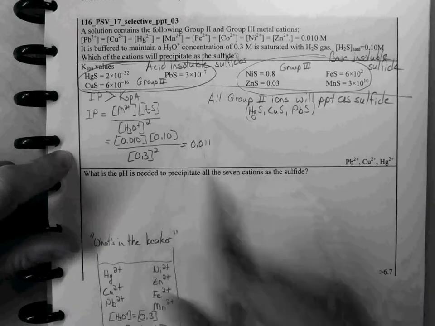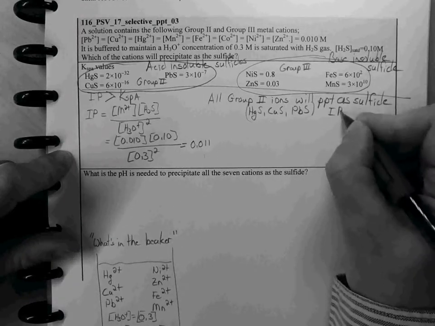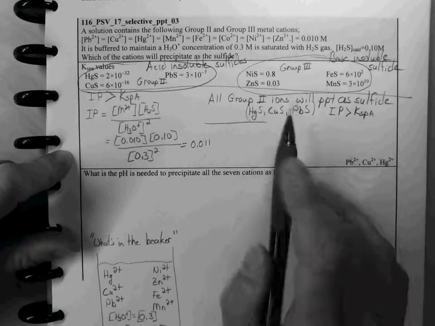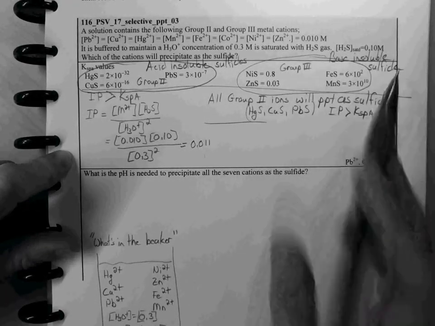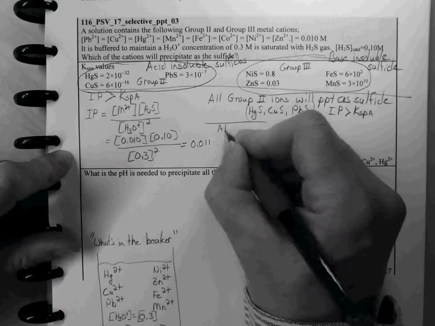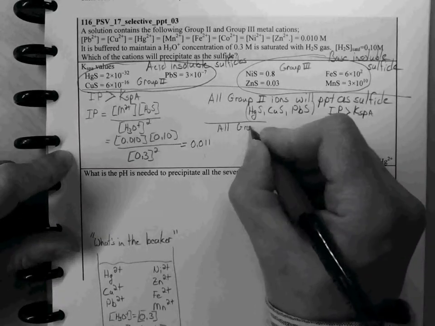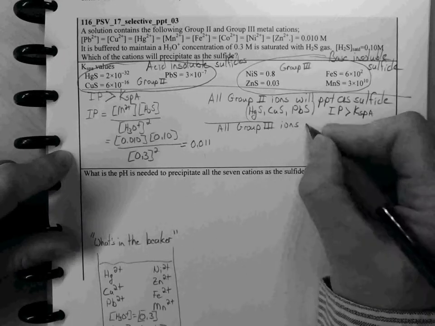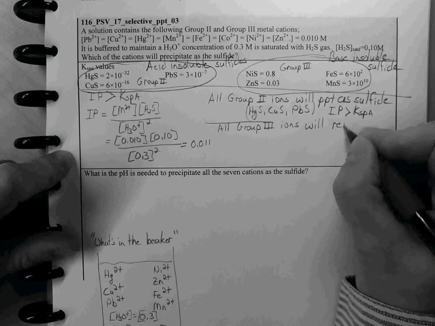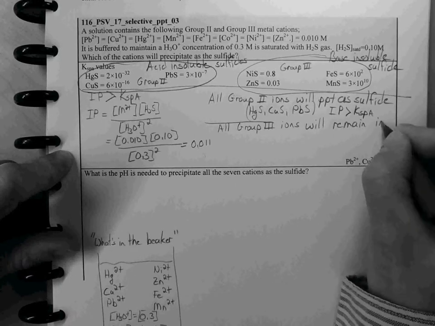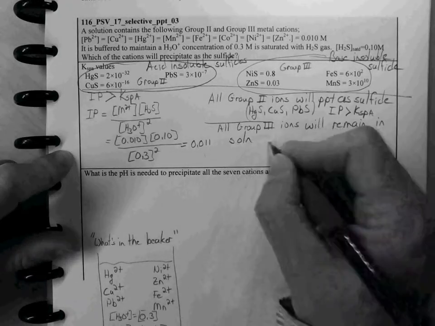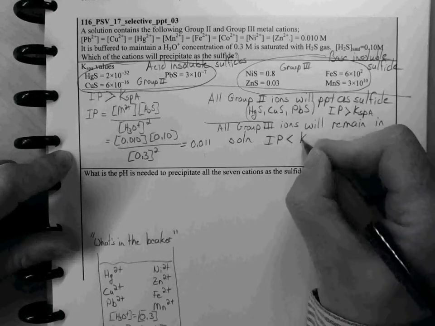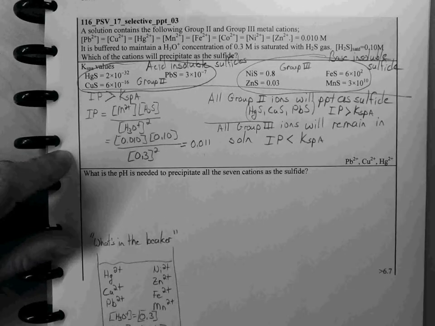Okay, so their IP is greater than the KSPA. However, these group 3, the base insoluble sulfides, are going to remain in solution because the IP is smaller than their KSPA values.